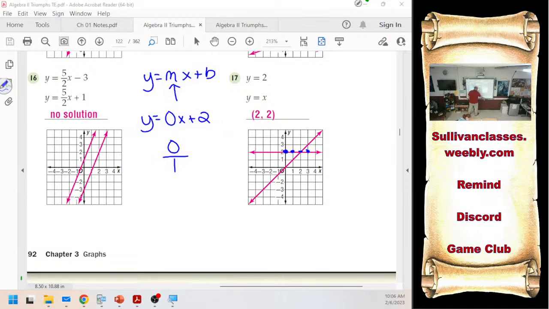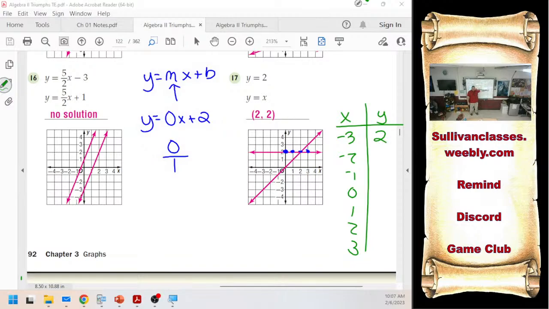Another way, we ran across these when we did them by tables. In this equation, y equals 2. Do you see an x in there at all? So when I graph by table, I ask you, when x is negative 3, what's y? Well, 2. All right.